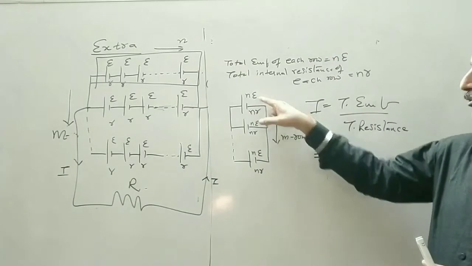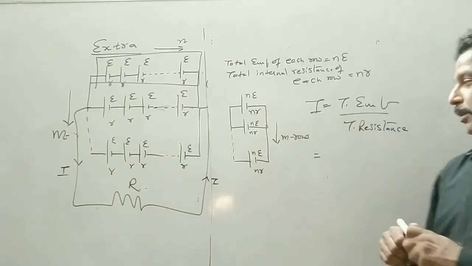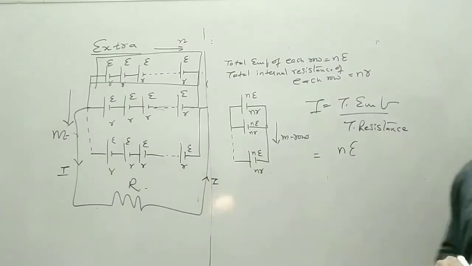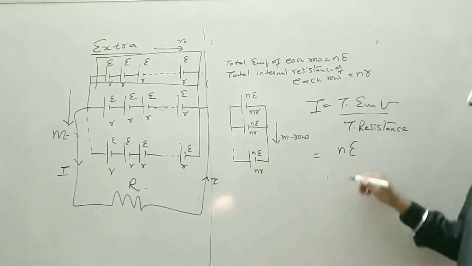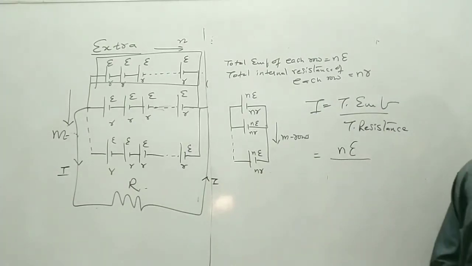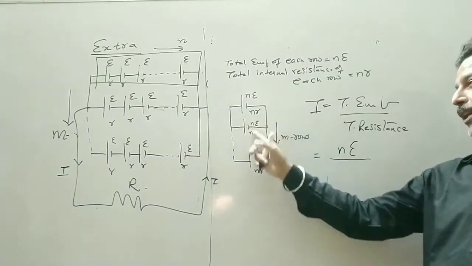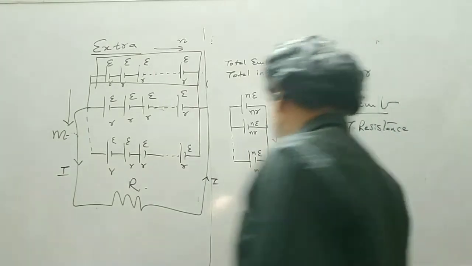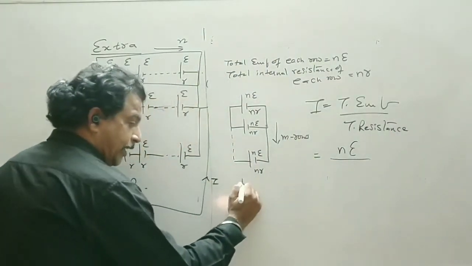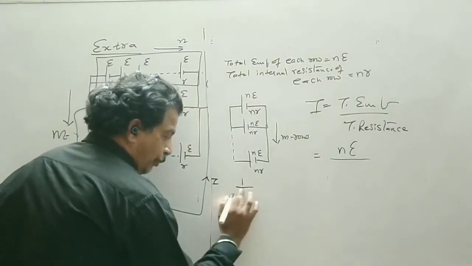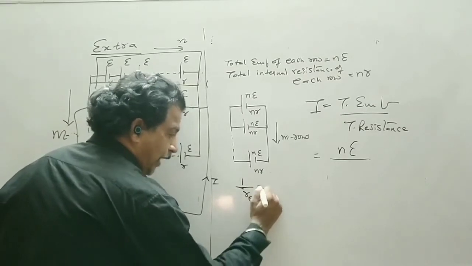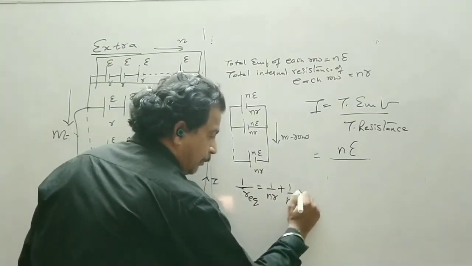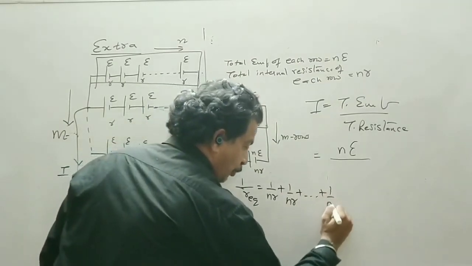So if there are m rows, still the total EMF of the circuit remains nE. Now this is the parallel combination. If I want to find out the equivalent resistance, 1 upon R equivalent is equal to 1 upon nr plus 1 upon nr plus dash plus 1 upon nr.